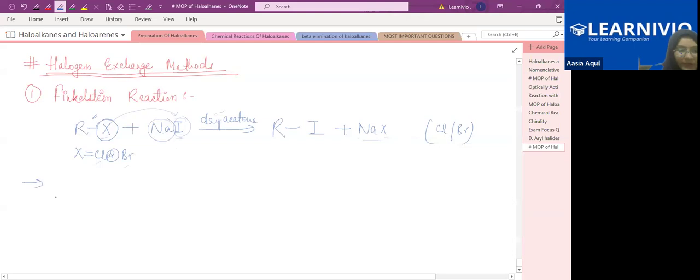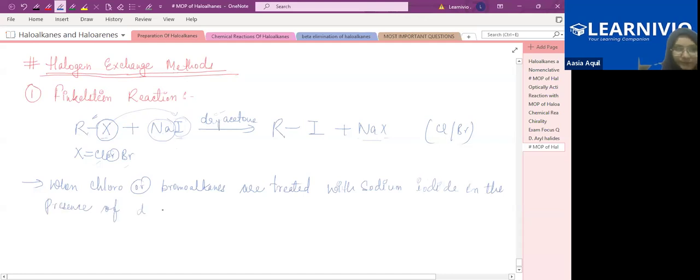Now write it down. When chloro or bromo alkanes are treated with sodium iodide in the presence of dry acetone, it gives iodoalkanes.